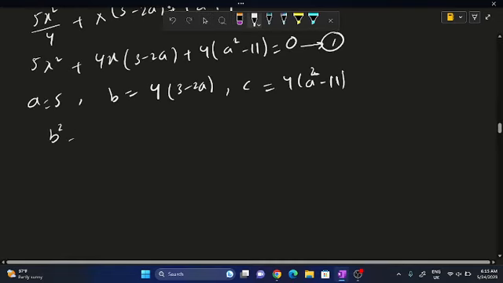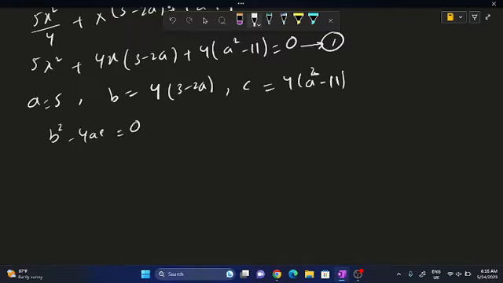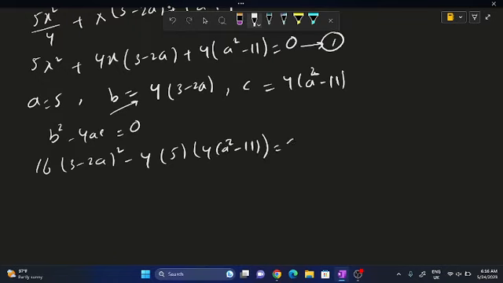The discriminant is b squared minus 4ac, which is equal to 0. So using this property, put down b squared here, that gives me 16 times (3 minus 2a) whole squared minus 4 times 5, and c is 4 times (a squared minus 11), which is equal to 0.